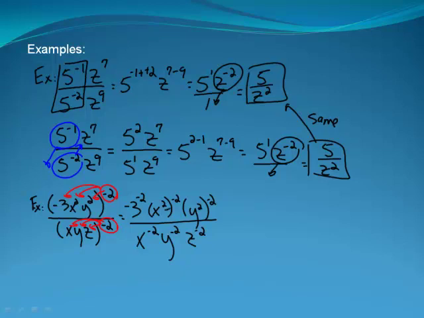Okay, let's clean up the power to power steps. Those are multiplication steps. So you've got negative 3. And let me back up just for a minute. Because that negative 2 power in the numerator is being applied to both the negative and the 3, I should have put parentheses around that negative 3 to indicate the power of -2 goes for both the negative and the 3.